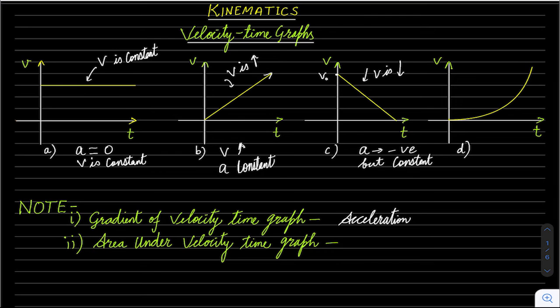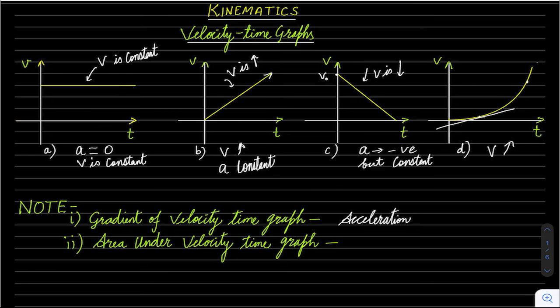Now for the fourth graph, as we can see, time is increasing and my velocity is increasing. Gradient will tell us the acceleration, right? So if you take a point here and draw a tangent, gradient means tangent, right?